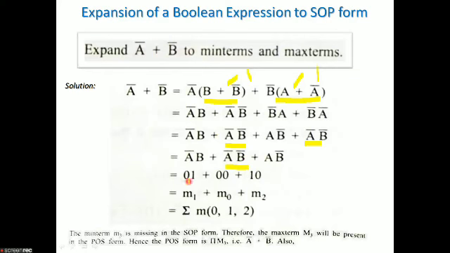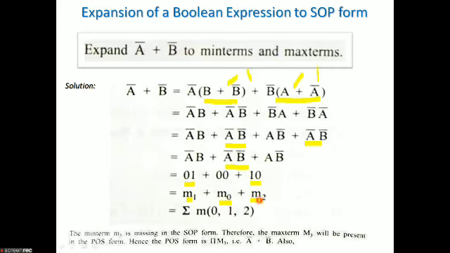Now this one is 0 1 plus 0 0 plus 1 0. Now 0 1 means 1, it is the 2-bit representation of 1, so it is m1. Next is 0 0, that is min term 0. The next is 1 0, the 2-bit representation of decimal 2, that is min term 2.